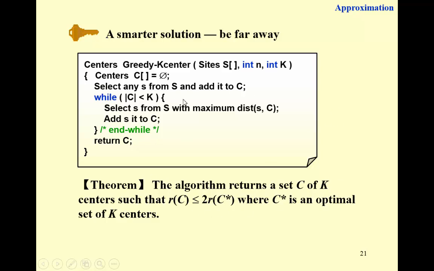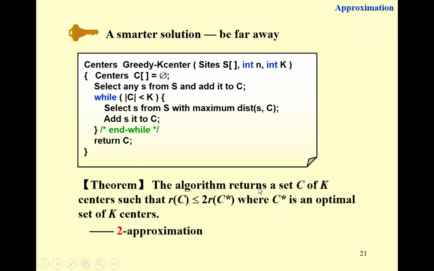Yet according to the previous theorem, if we need more than k centers, then the optimal radius must be greater than this r star. And that is the contradiction. It means the optimal solution must be strictly greater than the optimal solution itself. And that's the contradiction. So it implies that it's still a 2 approximation.